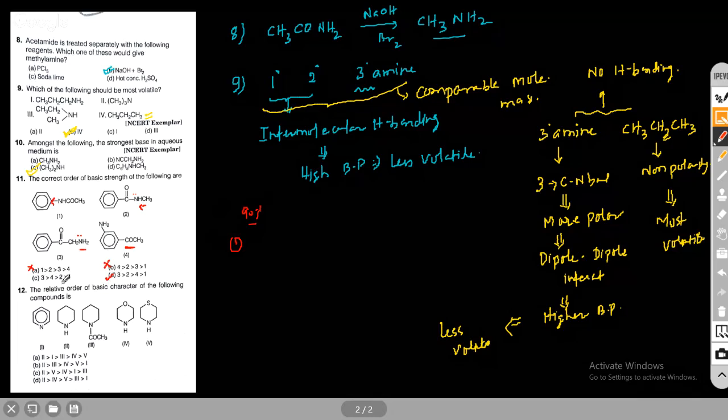Third is maximum here in the two options C and D. There is a 90% chance that the third one will be the most basic compound out of the four, right? So you can attempt this kind of question where you have done it partially, okay? Otherwise, if you do not know anything, better you leave it.